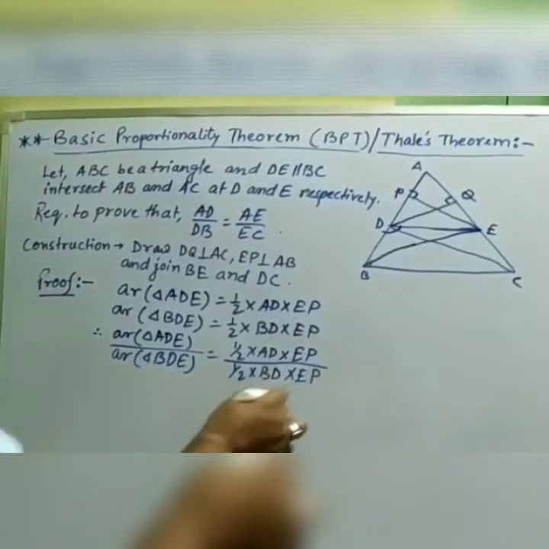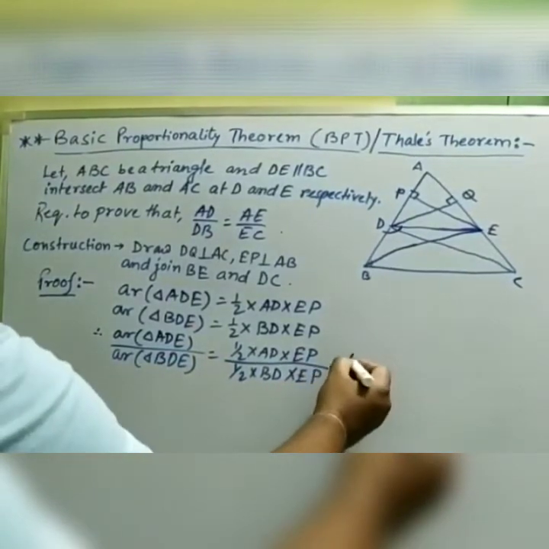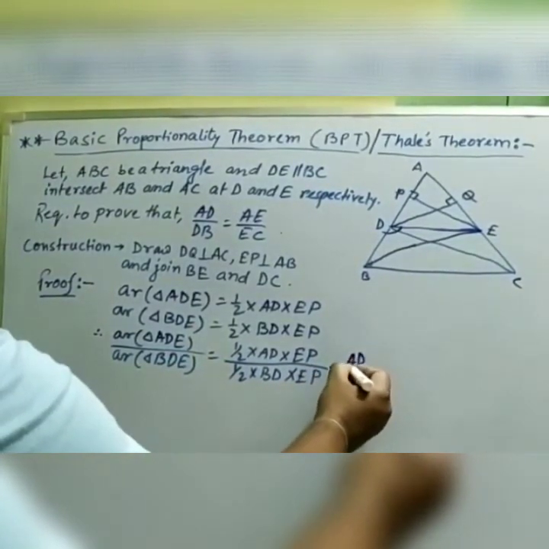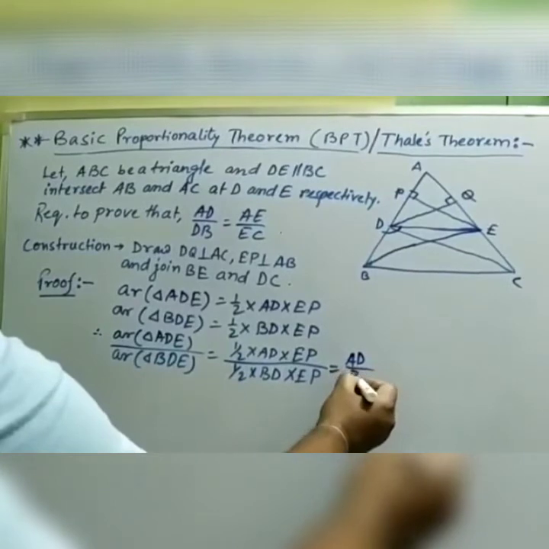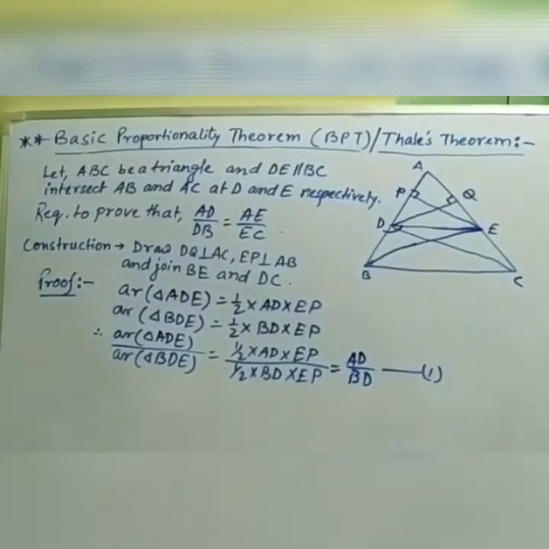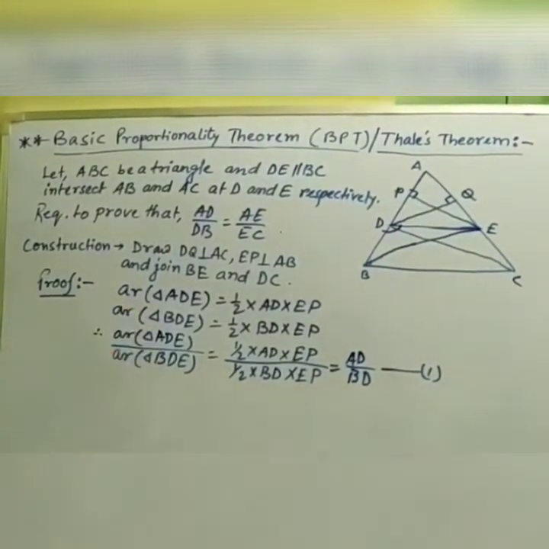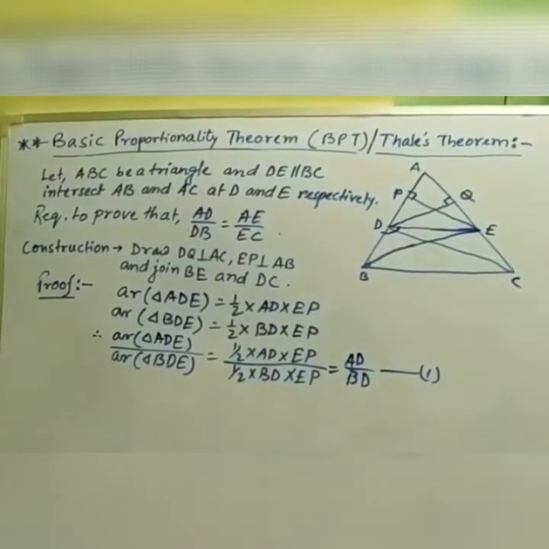You can see EP cancels, half cancels, so it will give AD by BD. So that is condition 1. We got condition 1 as area of triangle ADE by area of triangle BDE equals AD by BD.